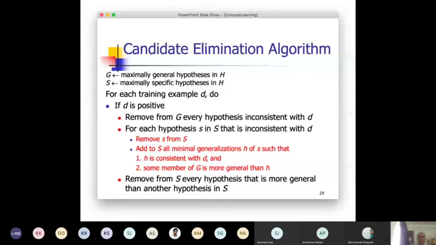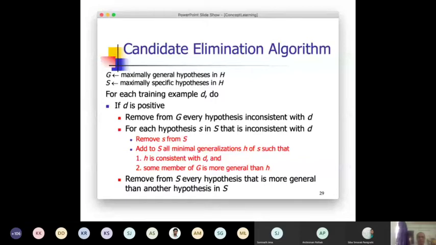So while doing this, you are also observing that it should be consistent with the hypothesis set of G. That is what you are observing. That means, because G is a general boundary, it excludes all the negative examples.